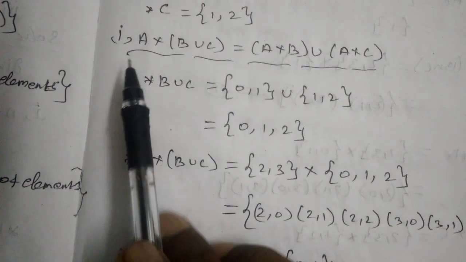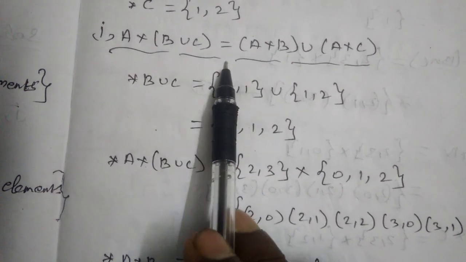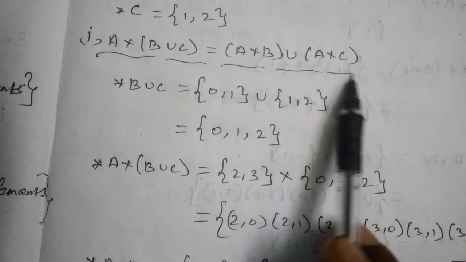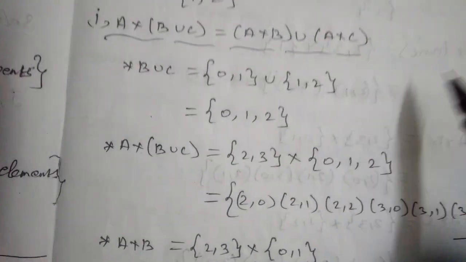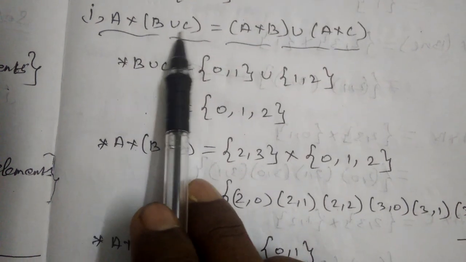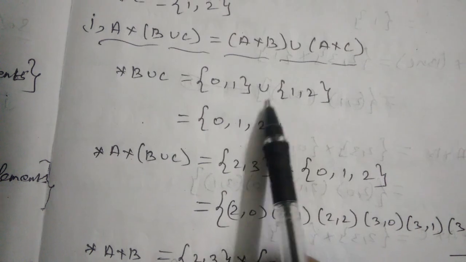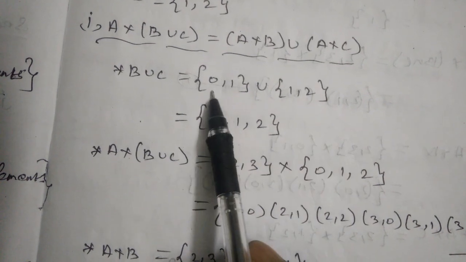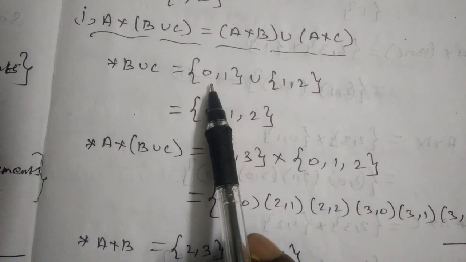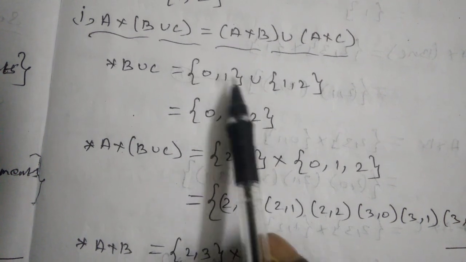We take the first question: A cross (B union C) is equal to (A cross B) union (A cross C). First take B union C, equal to {0, 1} union {1, 2}. We know that B union C is {0, 1, 2}.